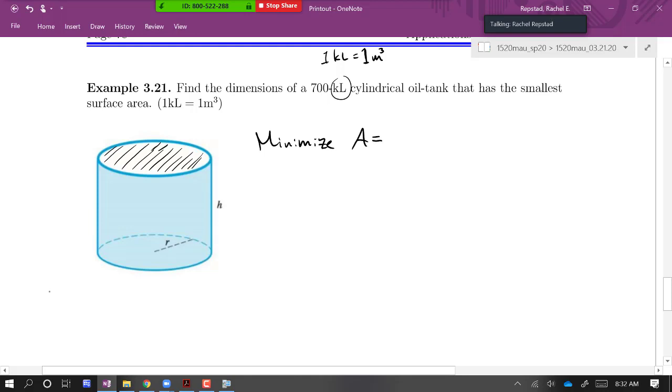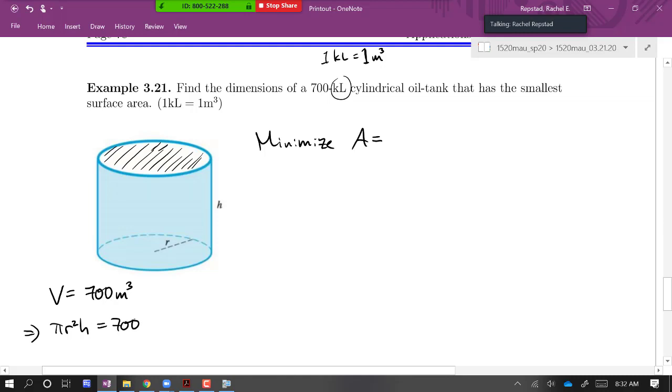So we know the volume is 700 cubic meters. We want to minimize the surface area. So we might have to look up some geometry formulas if we don't have these memorized, but for a cylinder, the volume is pi r squared h. So we know that pi r squared h is equal to 700 cubic meters. That's just a relationship between the radius and the height.